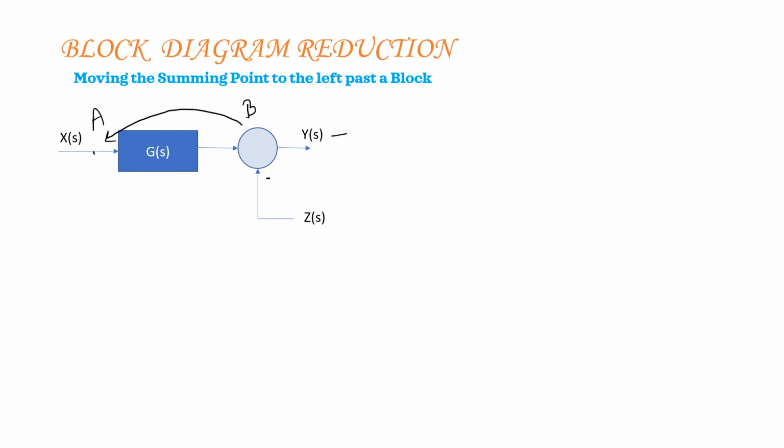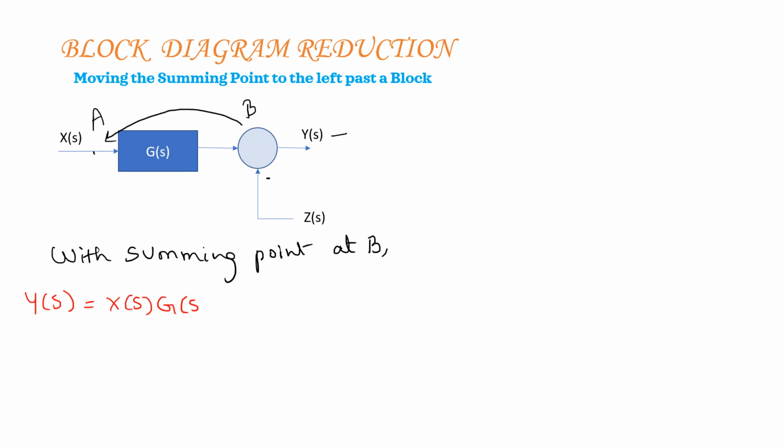With the summing point at B, what is y? Y of s is x of s into g of s minus z of s, right? X of s into g of s minus z of s is y of s.